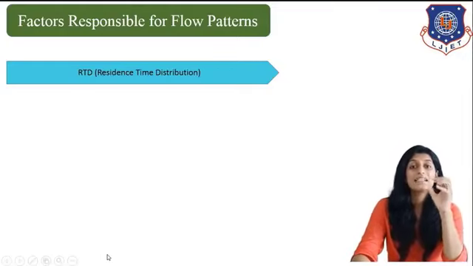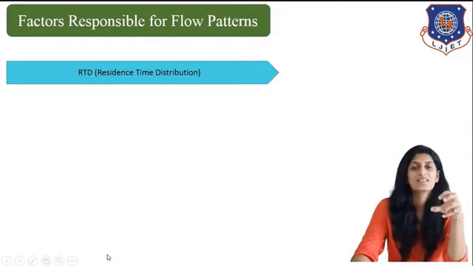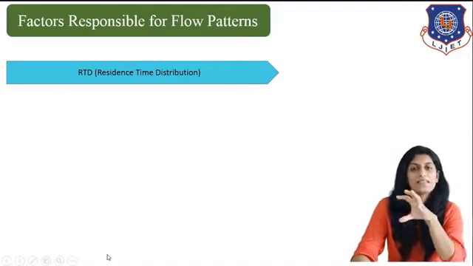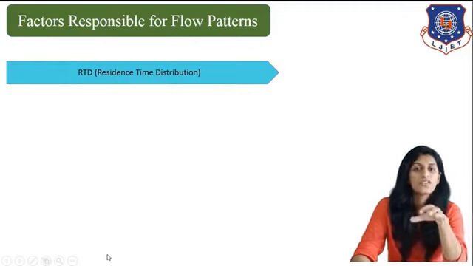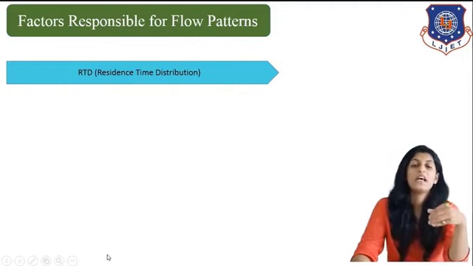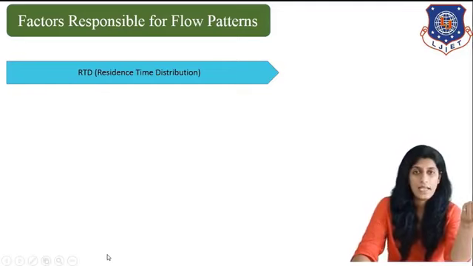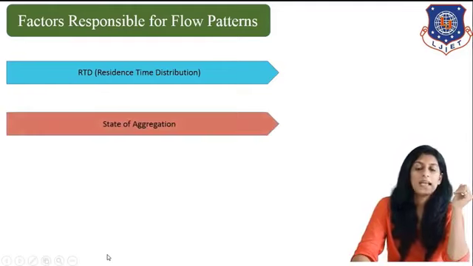Now, residence time distribution is basically a characteristic of a reactor which determines how much time the reactants are staying inside the reactor, and based on that we can determine the efficiency of the reactor and the flow pattern of our reactor. Next is state of aggregation.